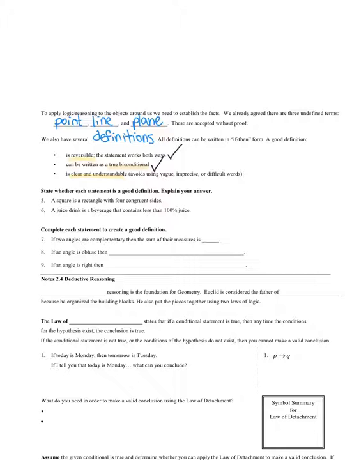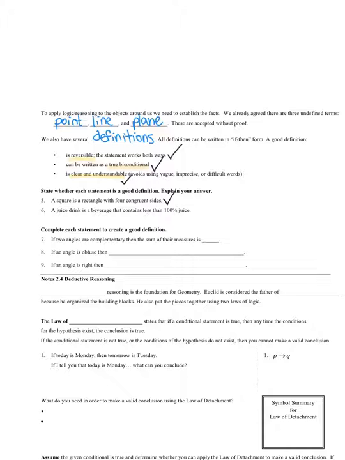That works. It's clear and understandable. We're only using vocabulary words that we know for each one of those statements. So this is exactly a good definition of a square. It checks off all of our check marks.